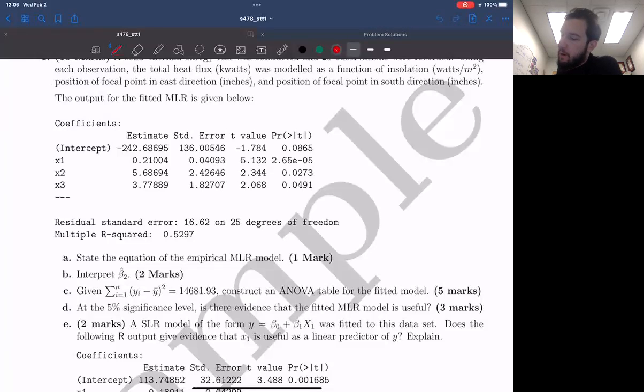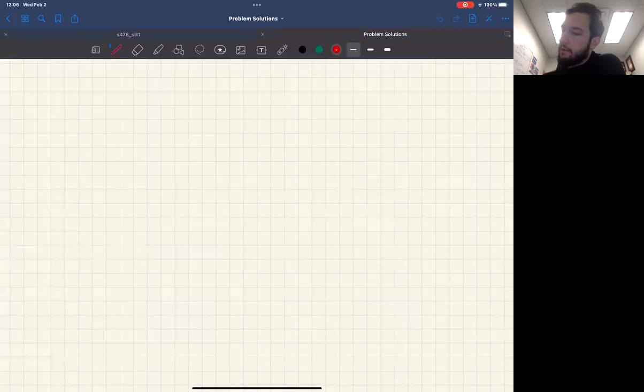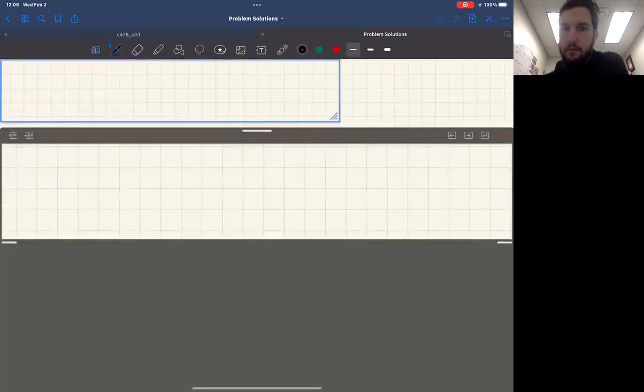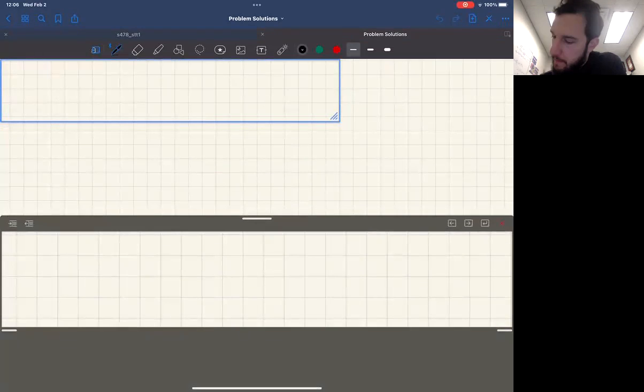So we want to state the empirical MLR model. In our R output, under estimate, we have the coefficients of the model. So the MLR model is basically just going to be, in this case, so this is 1A.